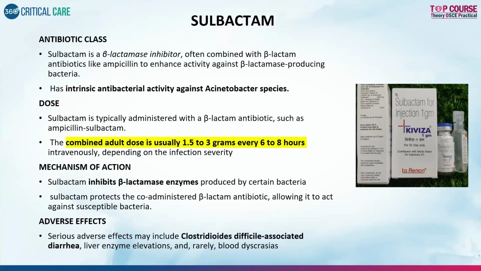The dosing, when it is combined along with a beta lactam, will be either 500 mg Q12H or 1 gram Q12H. But when it is given for the treatment of Acinetobacter, then it is 2 gram IV Q8H with creatinine clearance adjustment. The other adverse effects are nephrotoxicity, rash and liver enzyme elevation.